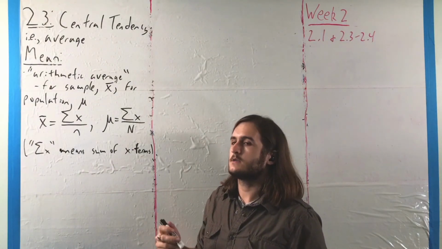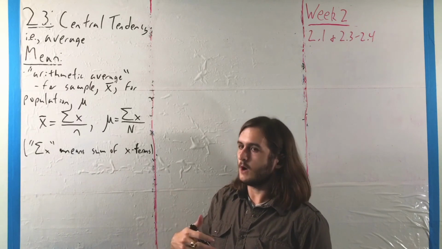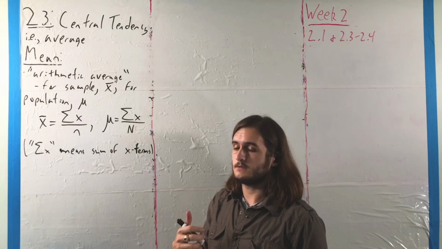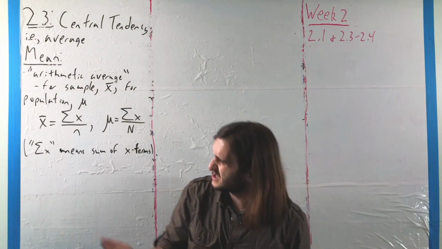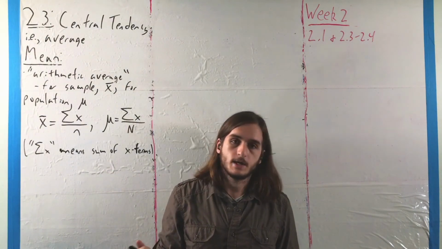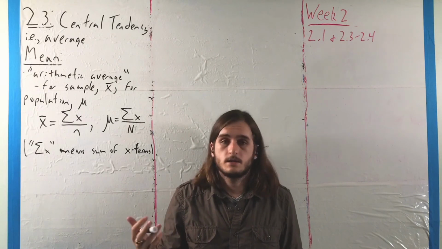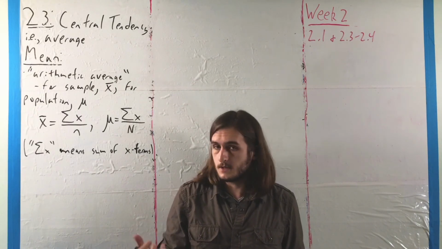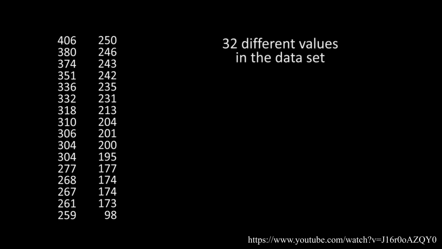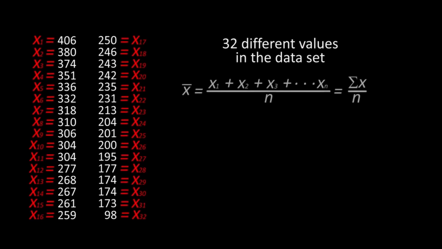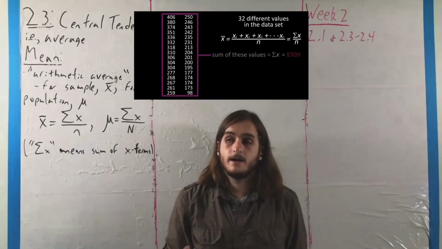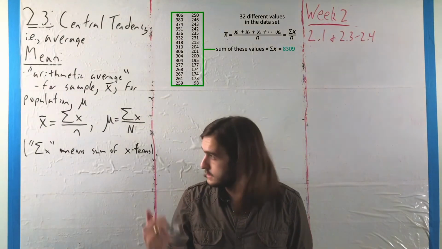For us, it's not going to be anything hopefully new. If you've seen computing the mean before, it's just that we have a little bit of extra notation here. We're taking the same idea you're probably used to: you look at all of the values in your data set, you add them all up, and you divide by the number of values in the set.